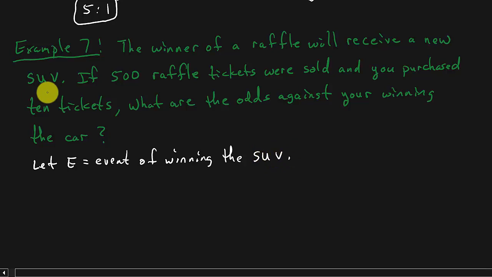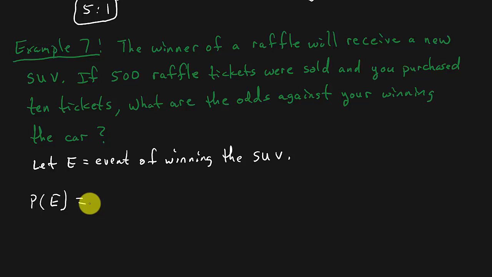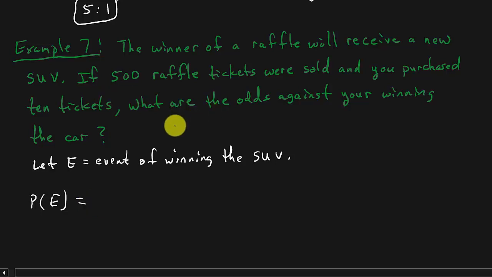Okay, so the probability of E is equal to what? Well, you purchased how many tickets? The winner of the raffle, and you purchased 10 tickets. So that's 10 over 500 were sold, which is 1 over 50. So that's the probability that you win the SUV.